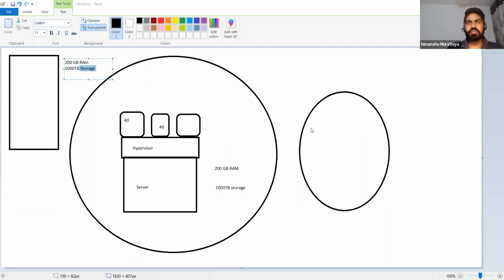Self-service means there is no need to hire someone. If I want to deploy a website on my own, I just go to the portal, create the machine, install the IIS server, and then deploy that website on that server. On demand means whenever we need, we can go to the portal and create the machines and resources, whatever we want.